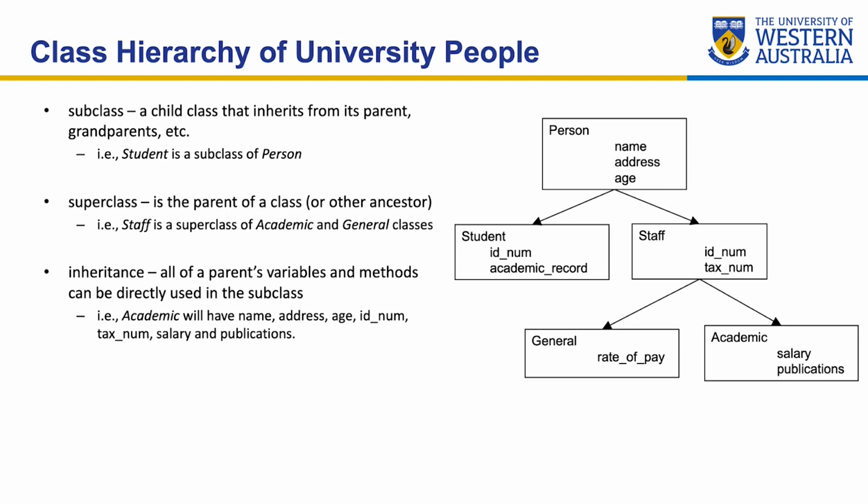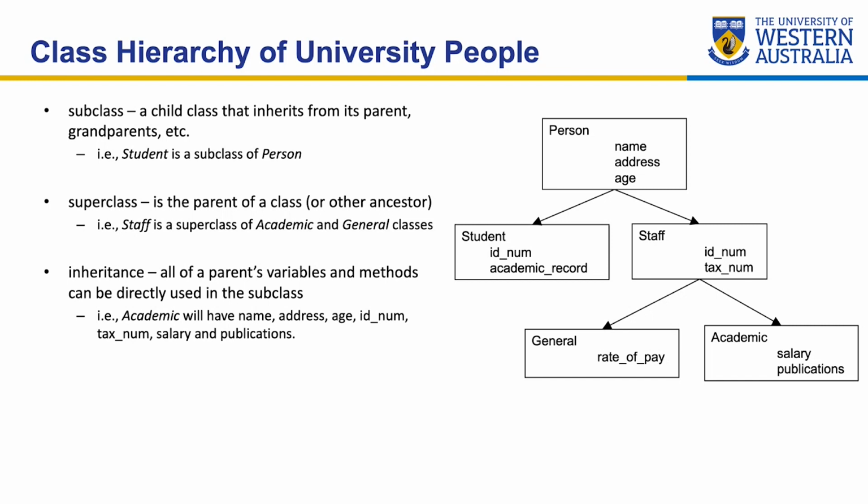So technically, we could have created another subclass here, or put the ID number in person. But if you think about it, not every person will have an ID number, right? So if you do want to expand on this hierarchy, so not just student, staff, but maybe public members who may not have ID numbers, then it doesn't make sense.